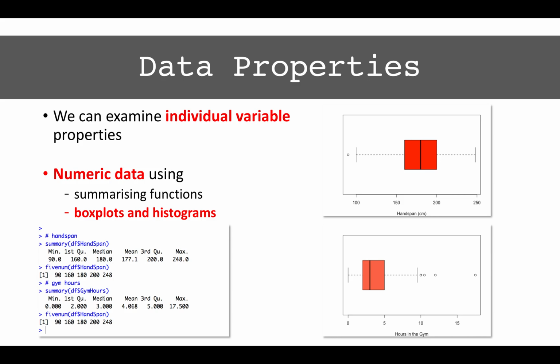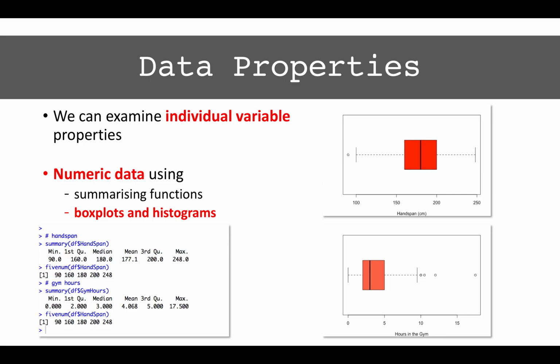Now we can see here that although handspan and hours in the gym in the two box plots, they have very different properties. So if you just look at the range for handspan, we can see that the median value is much closer to the centre of that range, around 180, whereas hours in the gym, the median value is much closer to the left-hand, the lower end of the range.